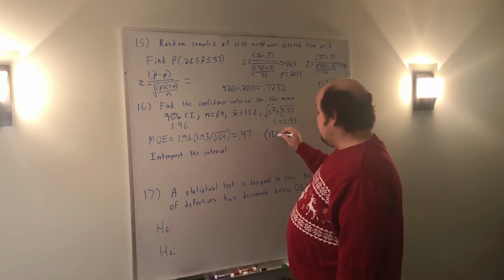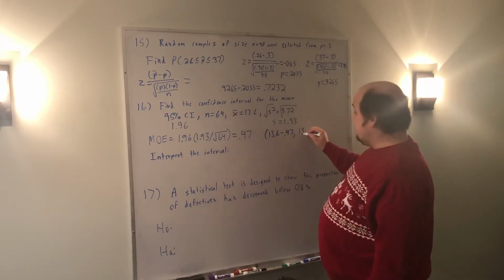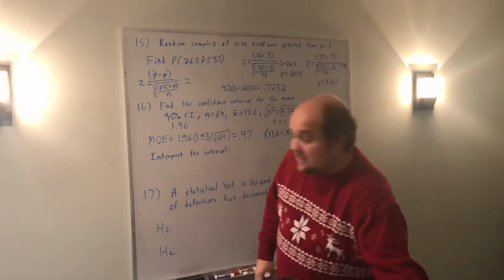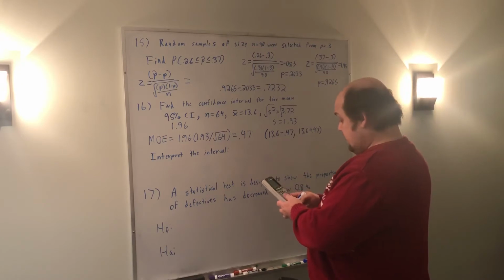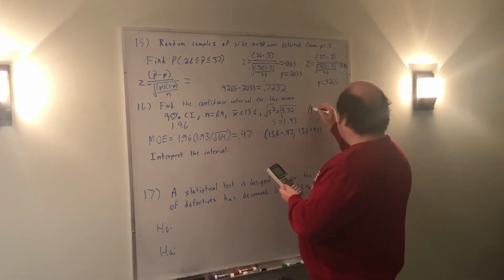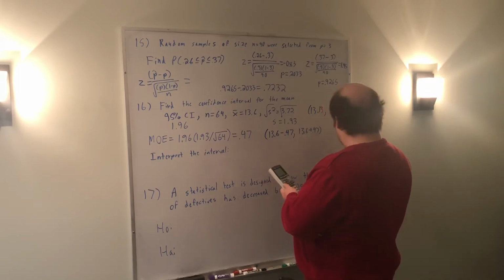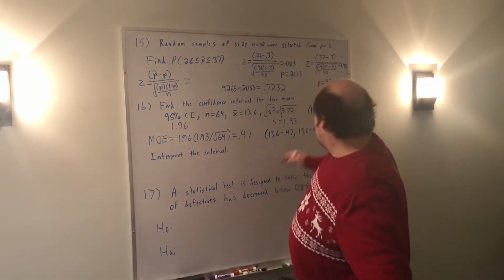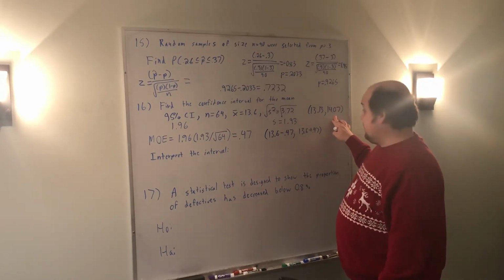So we're going to take that 13.6, that's our mean, subtract 0.47 for the low end, and add 0.47 for the high end. 13.6 minus 0.47 gives me 13.13. 13.6 plus 0.47 gives me 14.07. So the first two answers to the question, the lower bound should be 13.13, the upper bound should be 14.07.